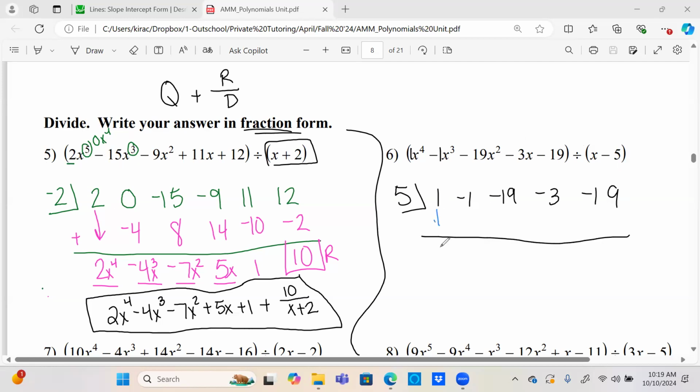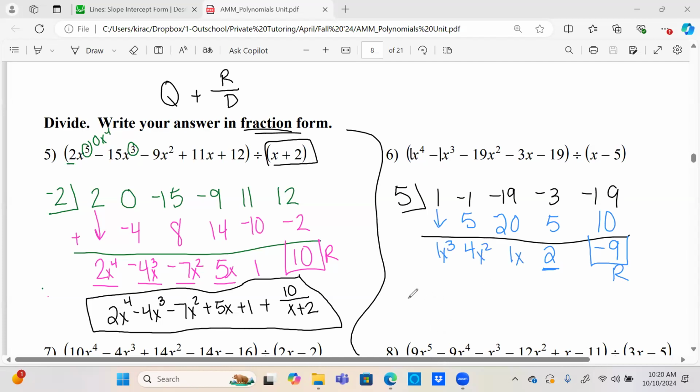We're going to drop down, multiply by the box, add, multiply by the box, add, multiply, add, multiply, add. This last guy is our remainder. This go backwards, so right to left: constant, give him an x, give him an x squared, give him an x cubed.